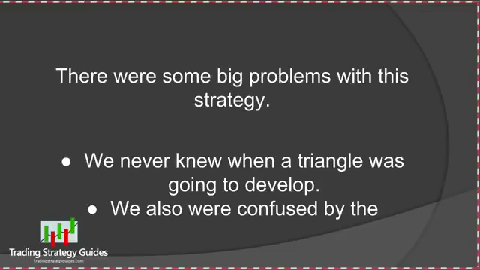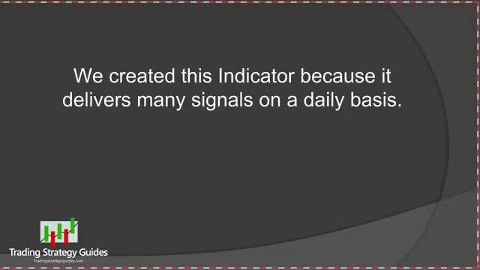So how are we going to solve all these problems? That's when we got together and said, we know this strategy is amazing, now let's give ourselves the tools we need to make it even better. So we created this indicator, and because it gives us a ton of accurate signals, we get a lot of signals on a daily basis.